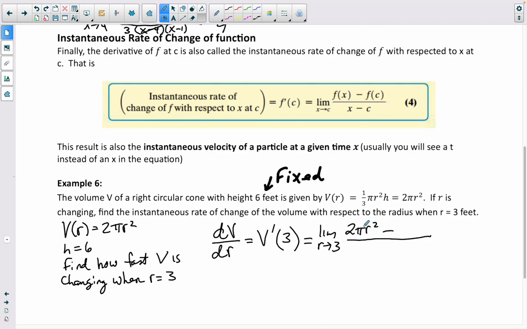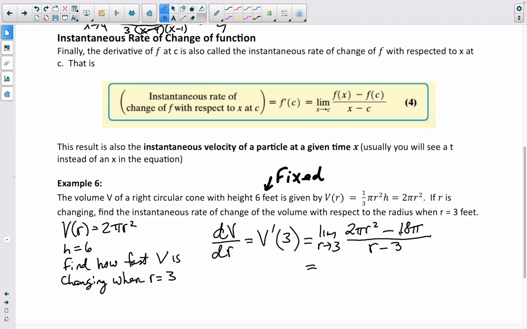This is V of r. Minus, when I plug in a 3, we're going to get 2 times 9. This becomes 18 pi, all over r minus 3. Okay. So again, hopefully you're starting to notice that there's always going to be some type of algebraic manipulation because I get 0 over 0 when I plug in 3.